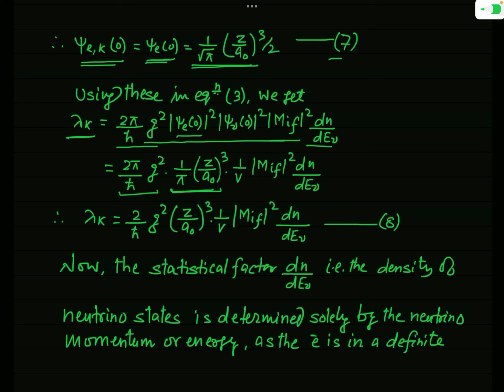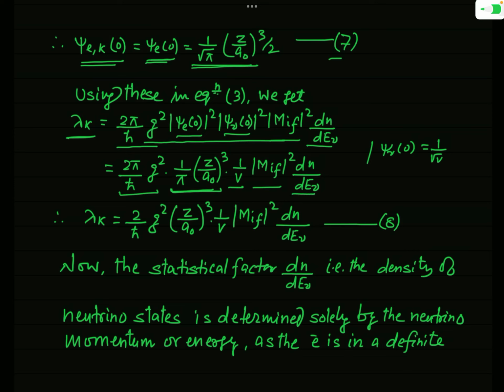And you have seen earlier that psi nu of 0 is equal to 1 over root v, so when we square it, this will be simply 1 over v, times mod of mif square times dn by de nu.